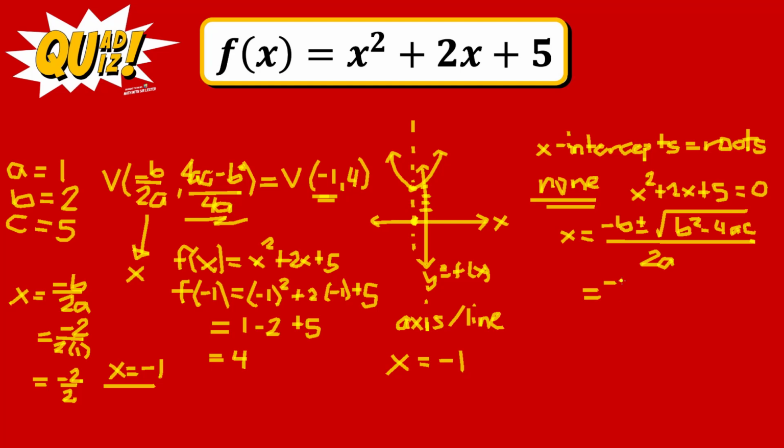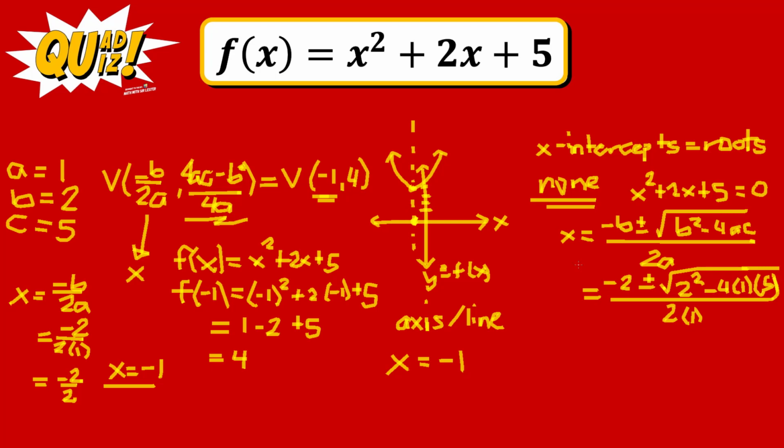So negative b is negative 2, plus or minus the square root of 2 squared minus 4 times 1 times 5, that's 4ac, all over 2 times a, which is 1.